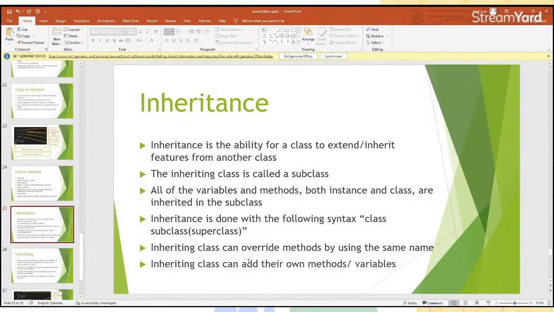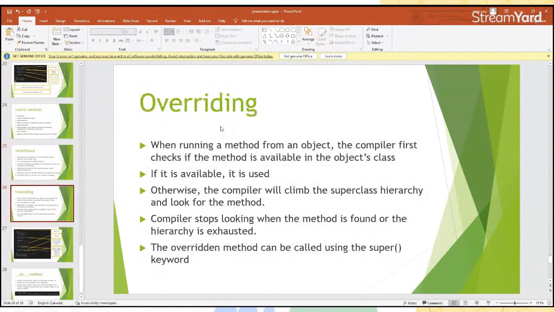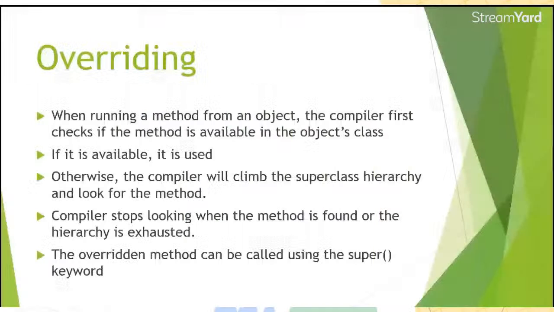Let's discuss overriding now. What happens is you can have, in the subclass and the superclass, the exact same name for the method, with no changes. So what does the compiler do?